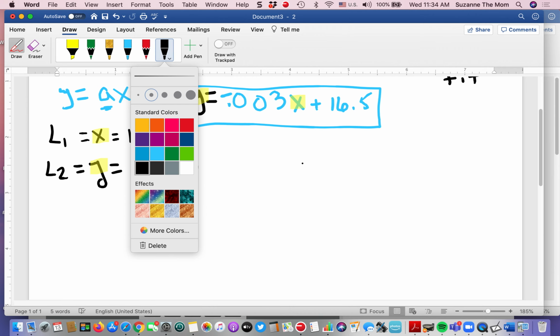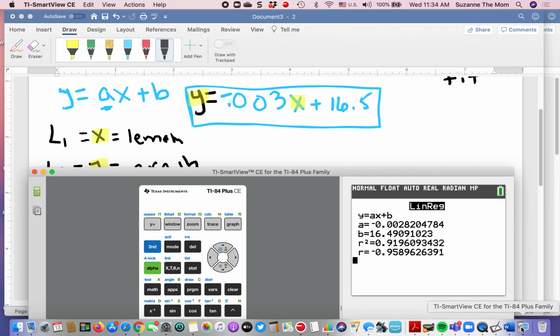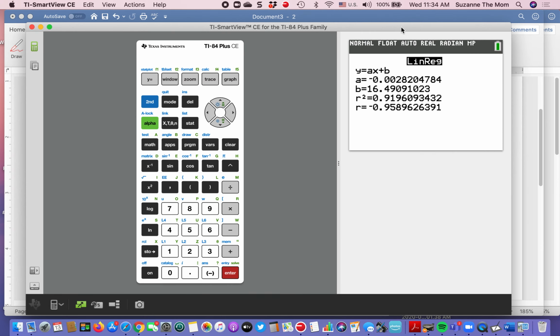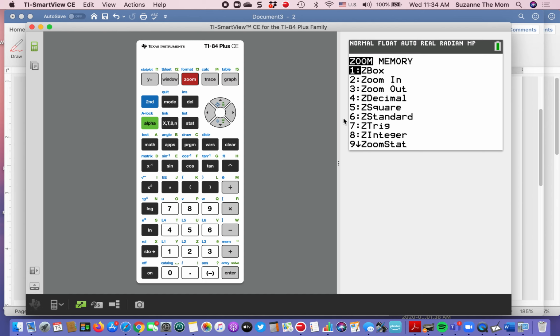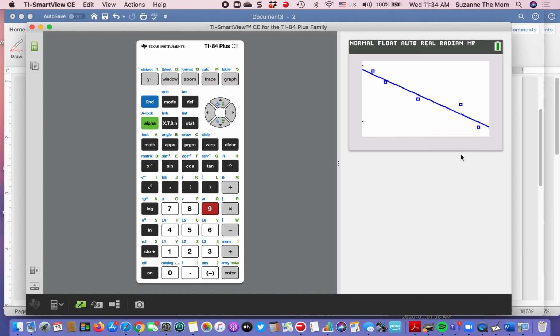Okay, now let's go back to our calculator for a second. I want to see this data in my graph. So I'm going to start with zoom, because my data is in my lists. And remember, I want zoom 9 to fit the stat.